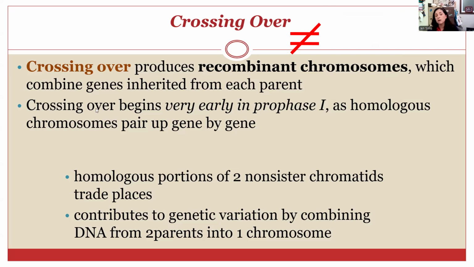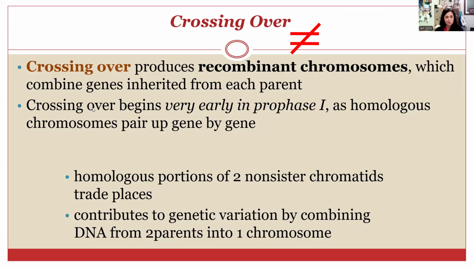Okay, crossing over, when again, you've got the chromosomes and they do synapsis and then the chiasmata form and then they swap bits of DNA, that produces what we call recombinant chromosomes, okay? So the recombinant chromosome thing and crossing over starts really, really early in prophase 1 when those homologous chromosomes line up. And remember, non-sisters trade chunks.